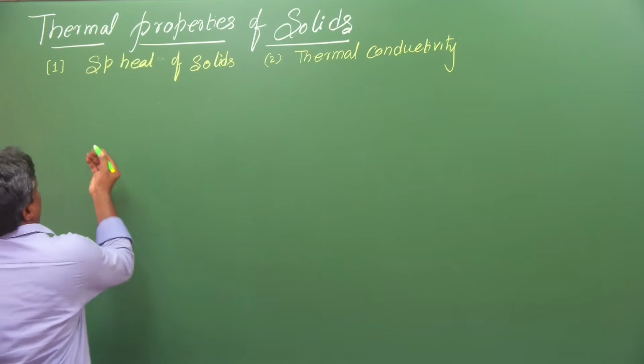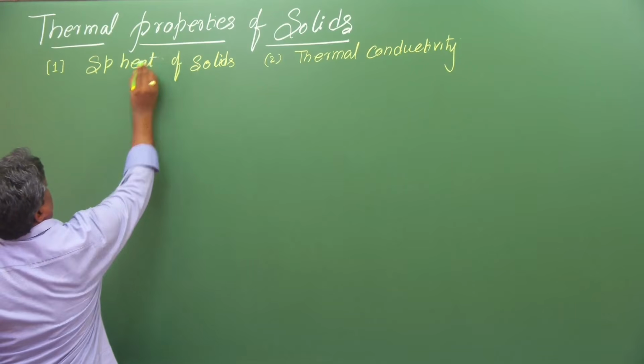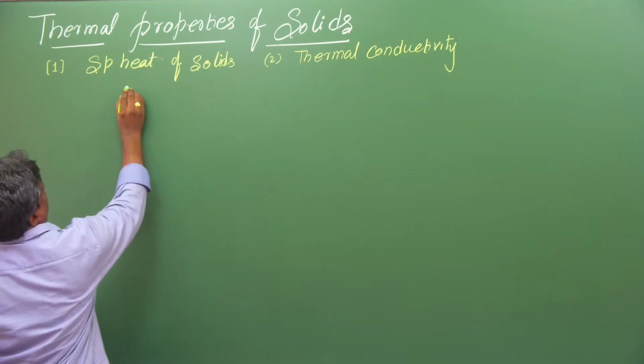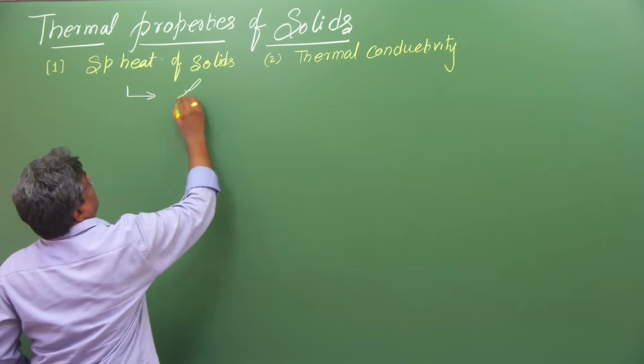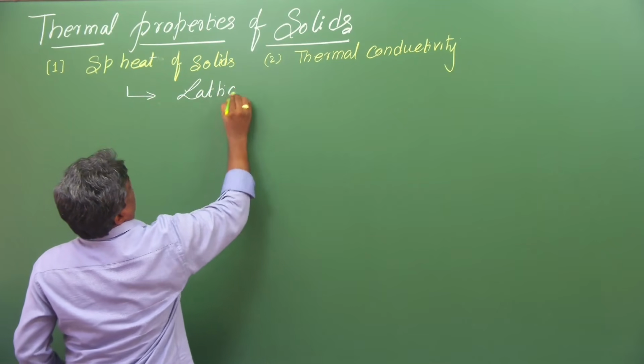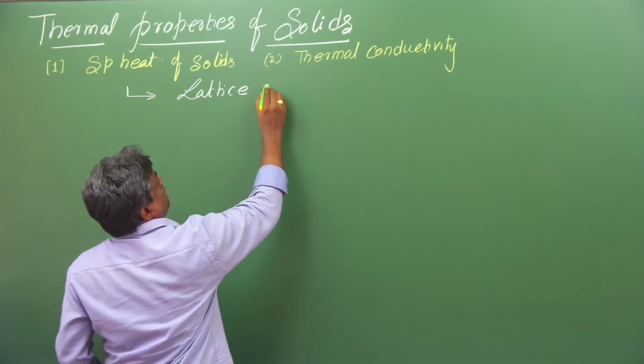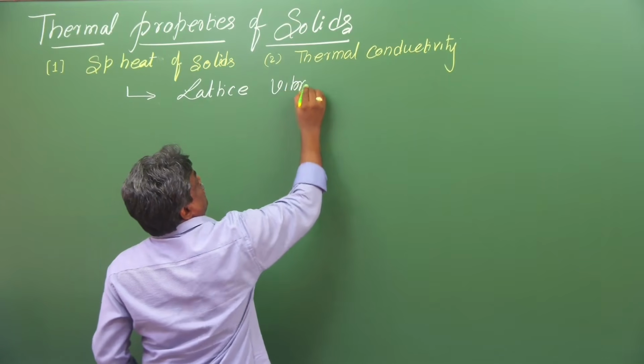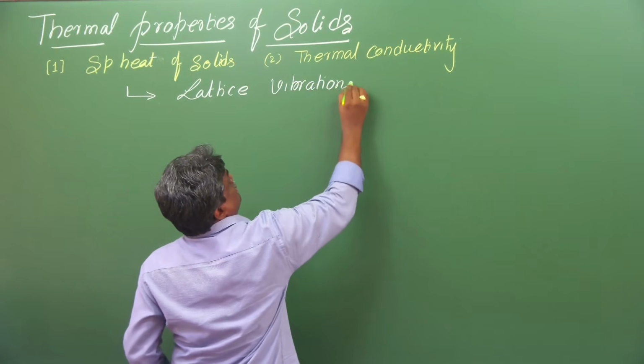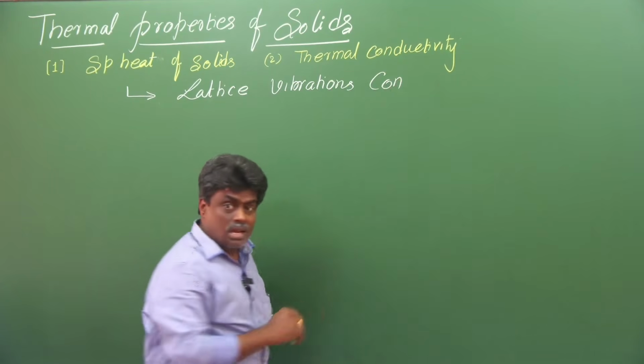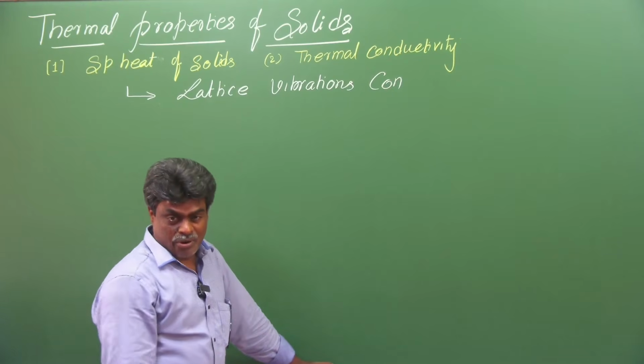Here we are going to explain the specific heats of solids based on lattice vibrations. Two contributions will be there, and today we are going to consider the lattice vibrations contribution. The other contribution is the free electron contribution.